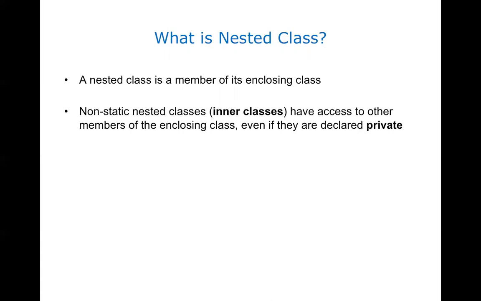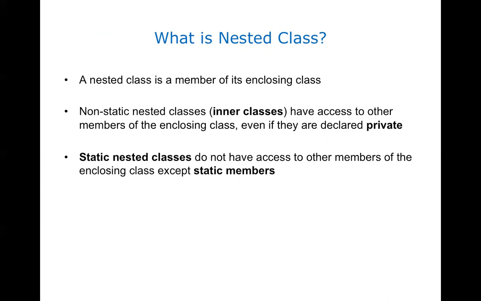We know in a class we have data members, methods, and constructors, which have different modifiers and visibility specifiers. Like a member, we have a nested class defined inside the class, and this class has access to the other members of the outer class, including the private members, because as long as you are within a class, private members are accessible. The nested class is just like a member of the enclosing class.